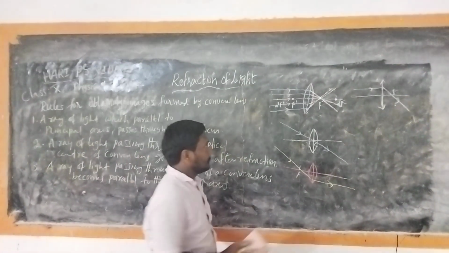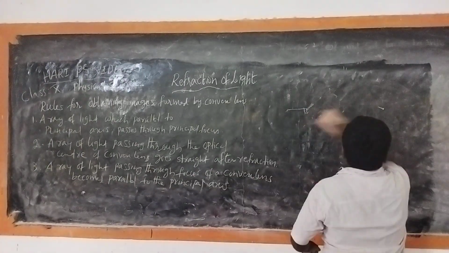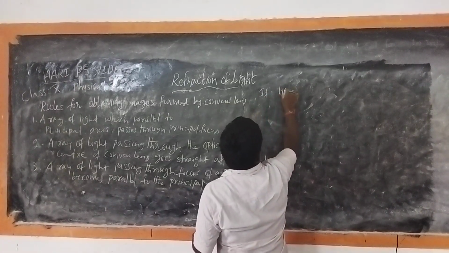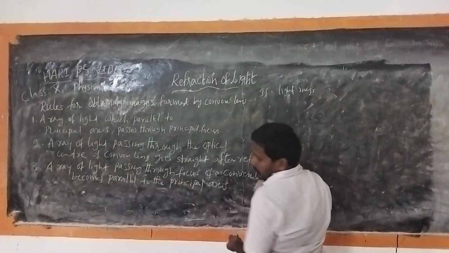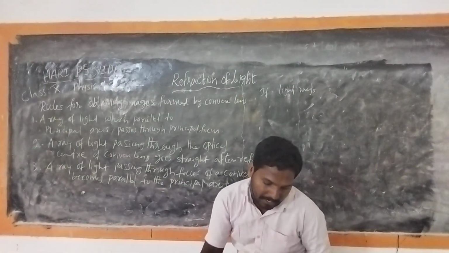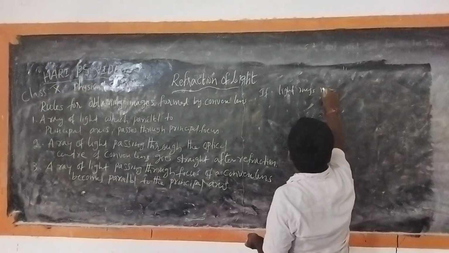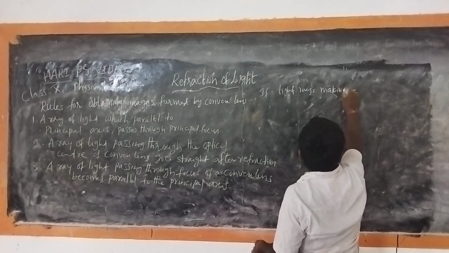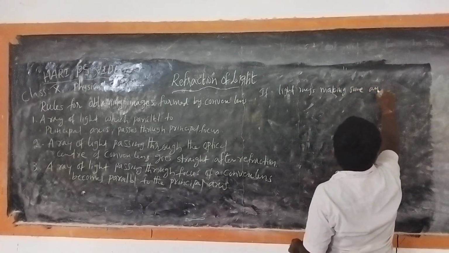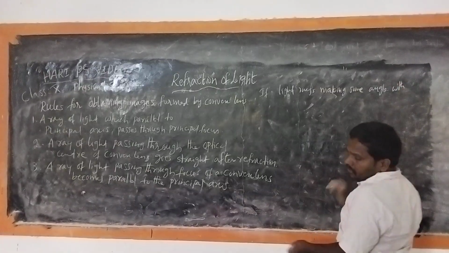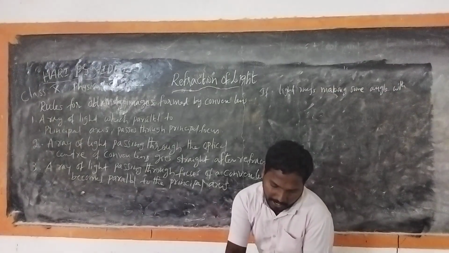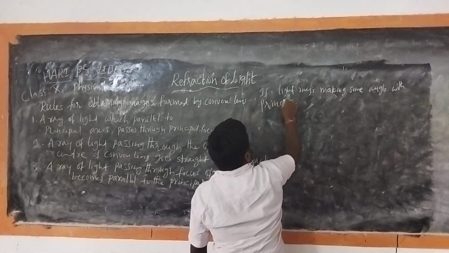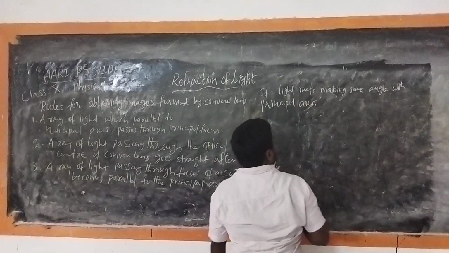Let us discuss what that is. The special case is when parallel light rays make some angle with the principal axis.